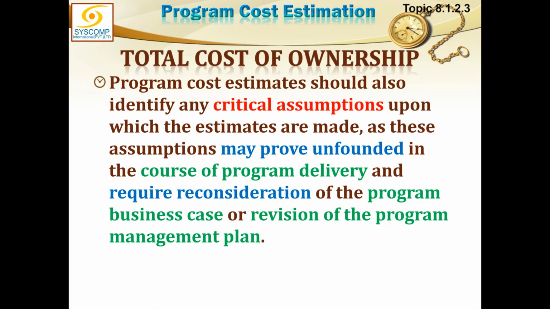We have already said that due to progressive elaboration, certain critical assumptions may go wrong, and ultimately you may even have to sometimes amend your business case. And amendment of the business case is pretty dangerous, because if the business case is amended, maybe the business case may not remain feasible anymore, and the program will have to be closed down at that stage.